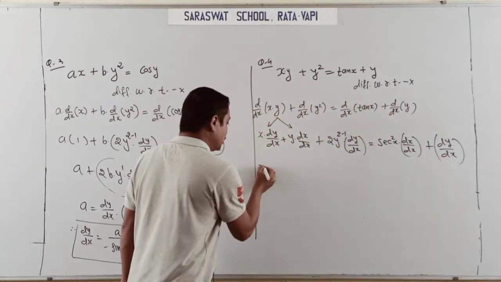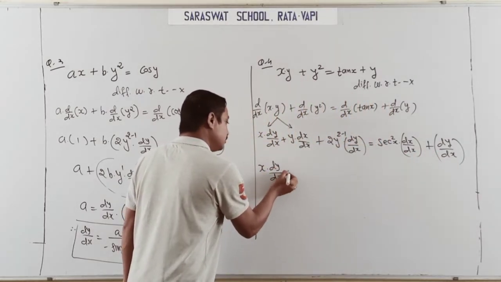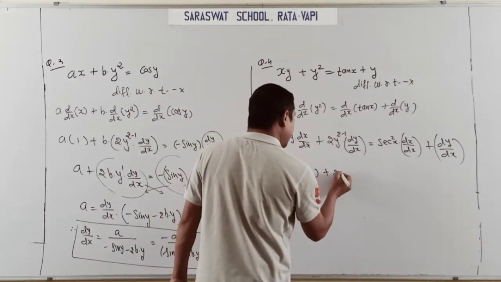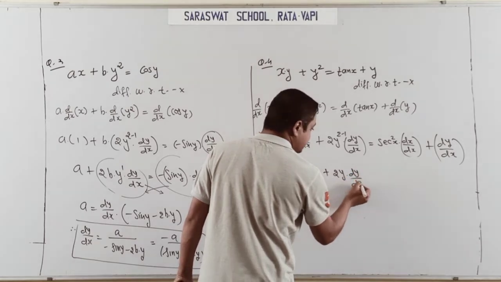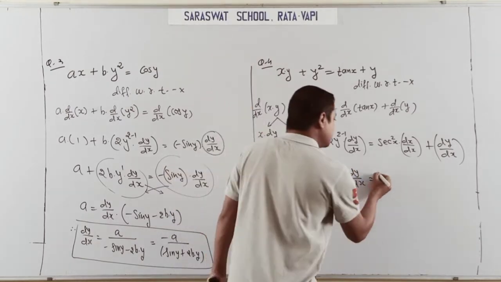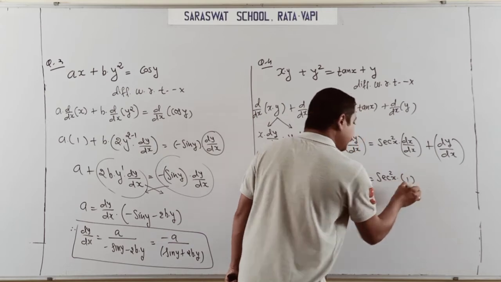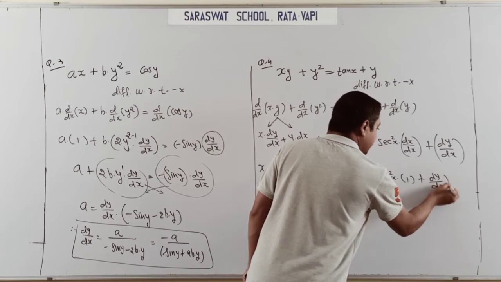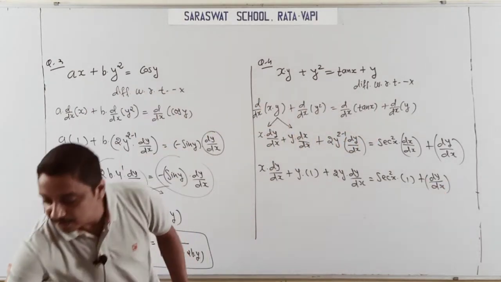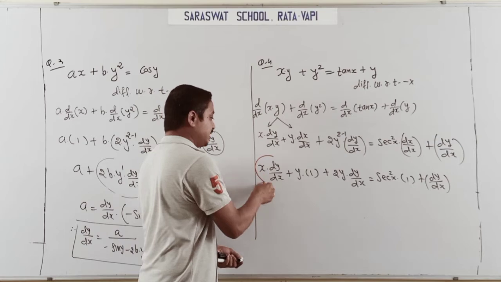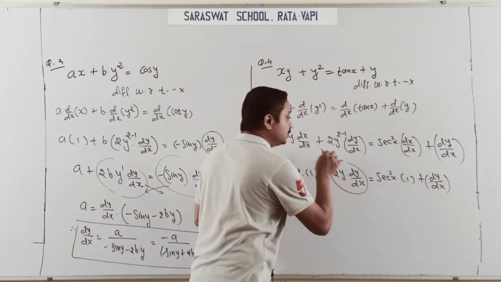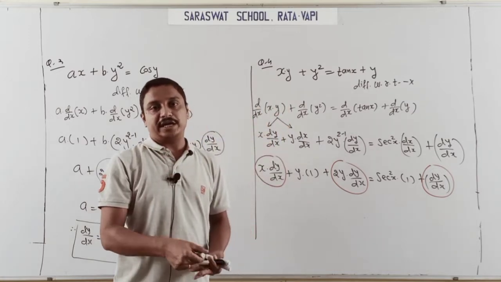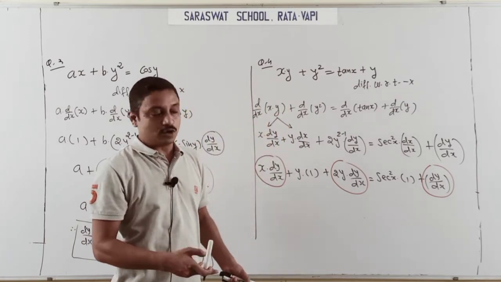Finally, students, we get x dy by dx plus y is equal to 1 plus 2y dy by dx, and this side also tan x square x dx by dx is 1 only, and here also dy by dx. Now students, you just focus on these values for this dy by dx, that also, and this also. All I combine at a time, one dy by dx common.